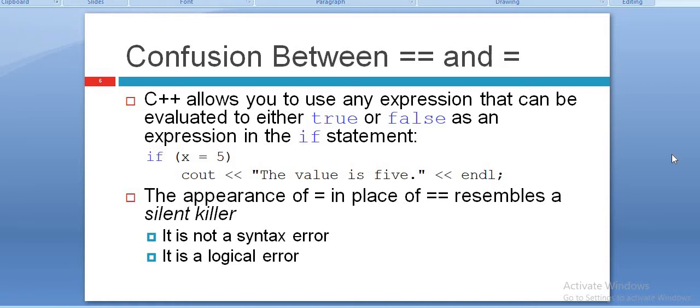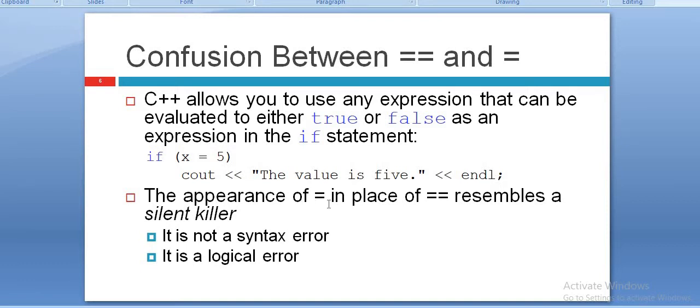Again, confusion between double equal and single equal. C++ allows you to use any expression that can be evaluated to either true or false as an expression in the if statement. If x is 5, cout the value is 5.